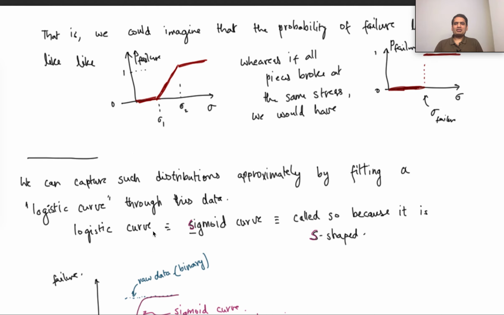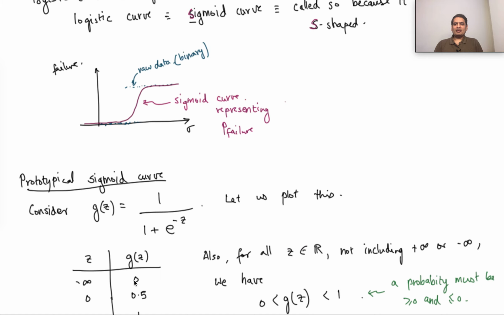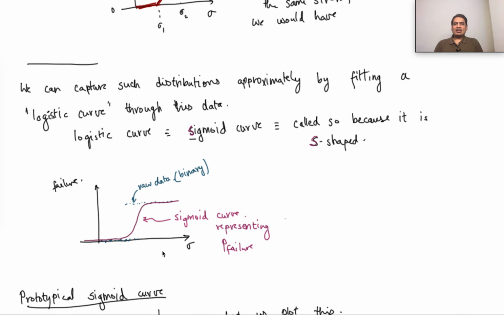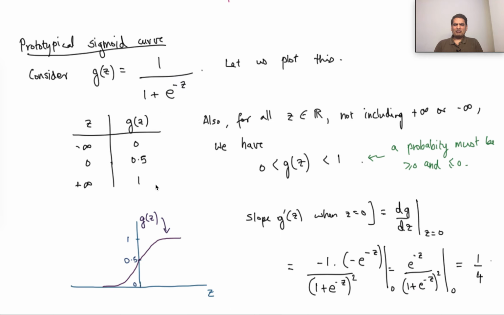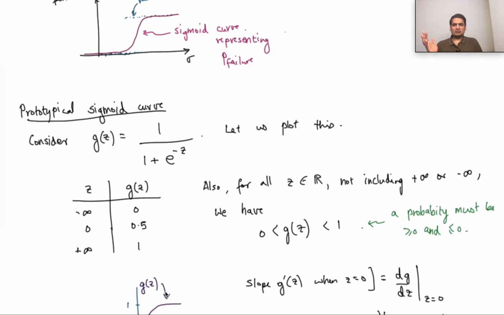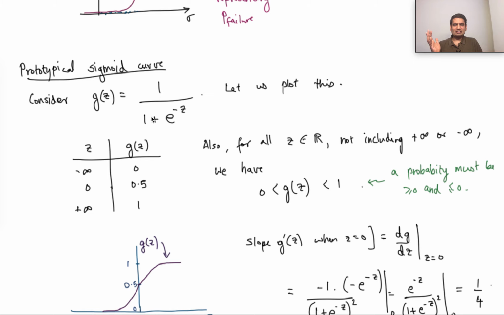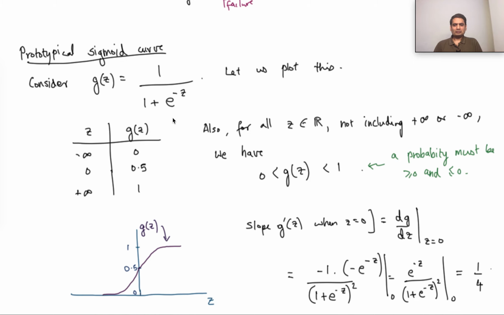What would we want to do with this sigmoid to make it closer to this function? Now, this function has no freedom. Once you write this function, this is the curve. You're just stuck with this shape because there are no free parameters here.